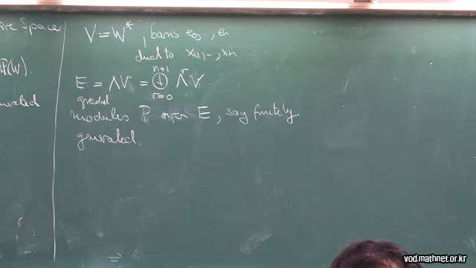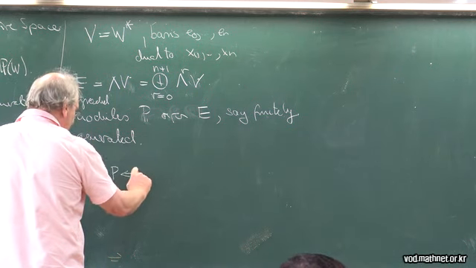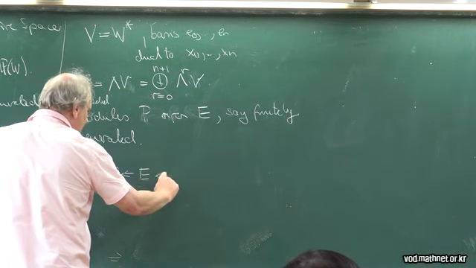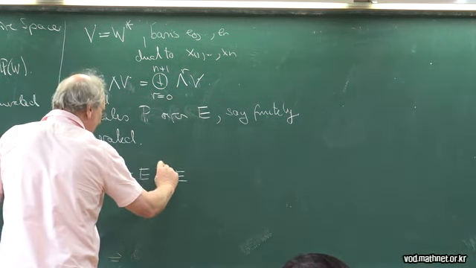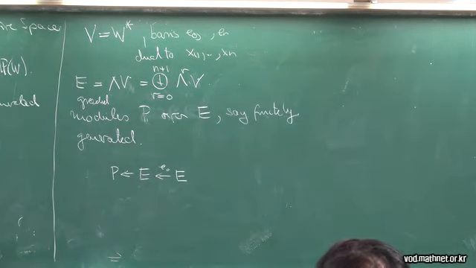We can also look at syzygies of P. For example, we can take P, a module finitely presented by, say, e0. This should be graded modules.